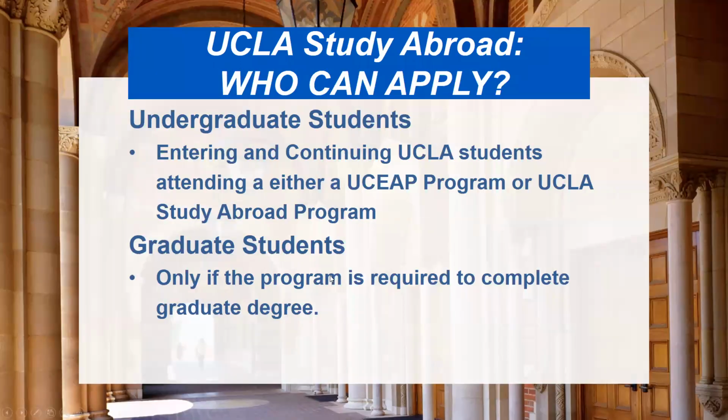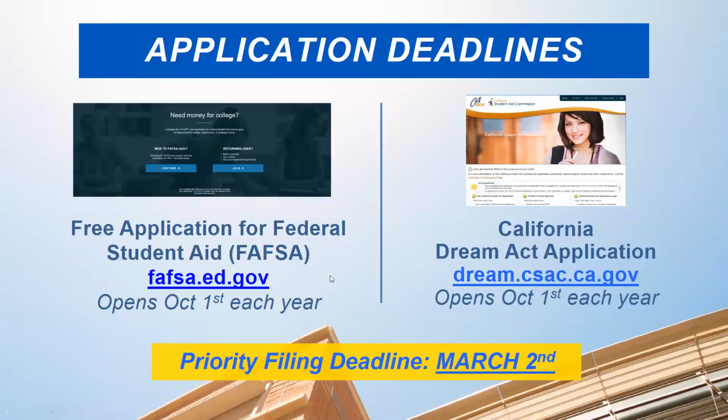In order to apply for financial aid, you have to do the Free Application for Federal Student Aid, located at fafsa.ed.gov. When you're applying for financial aid, you're not applying for the calendar year, you're applying for an academic year.